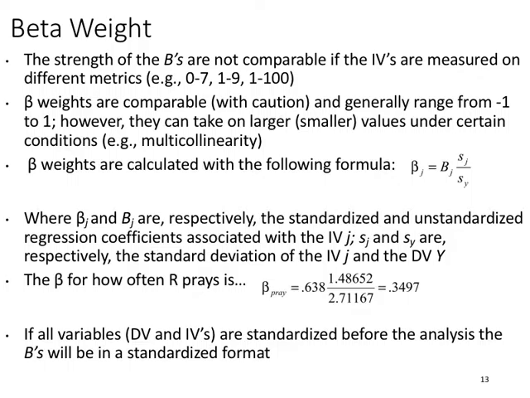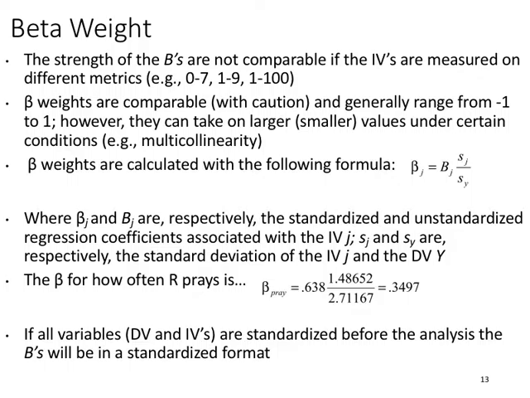They're all on different scales, and that interpretation is based on one unit of increase in a particular independent variable leading to a certain amount of change in the dependent variable. And if one of them is measured on a 1 to 100 scale, and another one is measured on a dichotomy, clearly you shouldn't be comparing those B's.